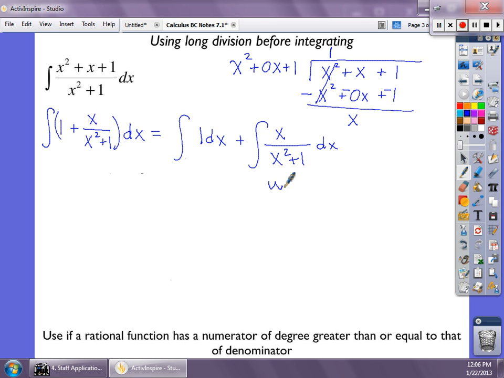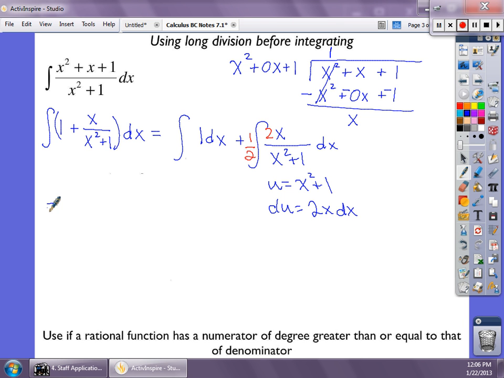We're going to let u be x squared plus 1. Du then is 2x dx. We don't quite have that. We have x dx, so we're just going to rewrite this as a 2 here and a 1/2 there. I have not changed the value of my integral.